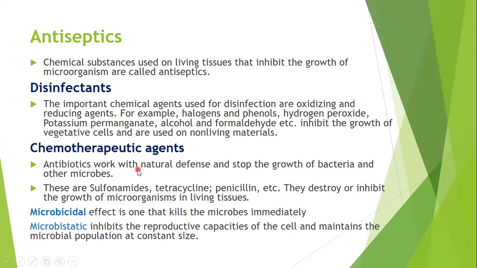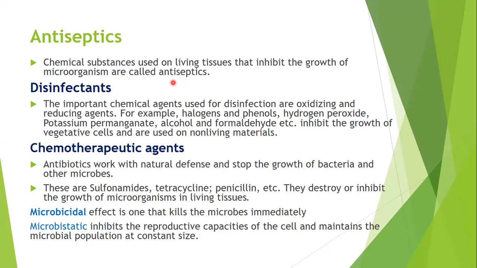First of all, the antiseptics: the chemicals or substances used on living tissues that inhibit the growth of microorganisms are called antiseptics. Generally, we use different types of tinctures when we apply them on abrasions as well as cuts on our hand or finger.